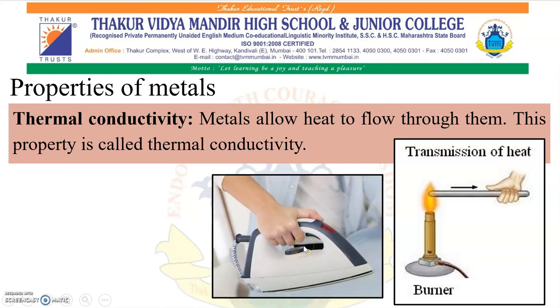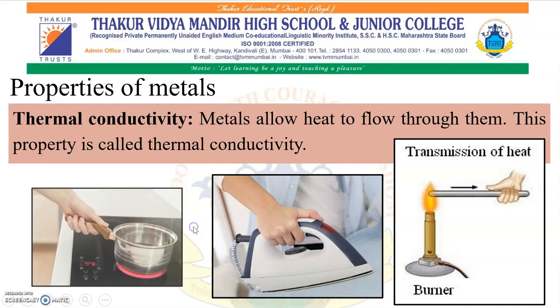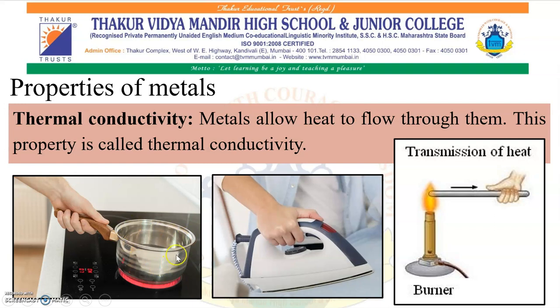Another example is the iron. The bottom part of the iron has a metallic sheet. With the help of electricity, heat is passed through this sheet. So it becomes hot and you can easily remove the wrinkles from your clothes using that heat. Next is the pan, a vessel which may be made up of stainless steel.